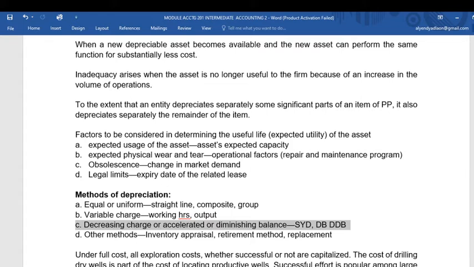And then we have decreasing charge or accelerated or diminishing balance. So we have the sum of years digits, declining balance, and double declining balance. Okay, in this type of depreciation, the first year is usually higher in amount compared to the succeeding years. The concept of this type of depreciation is that the property is really more efficient, more effective at the beginning of the year or when it is still new, unlike if it is already 5 years old, it will become less efficient already.